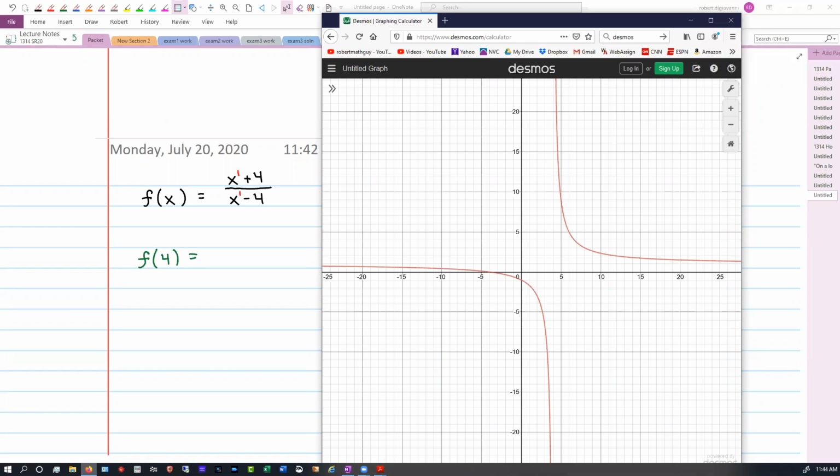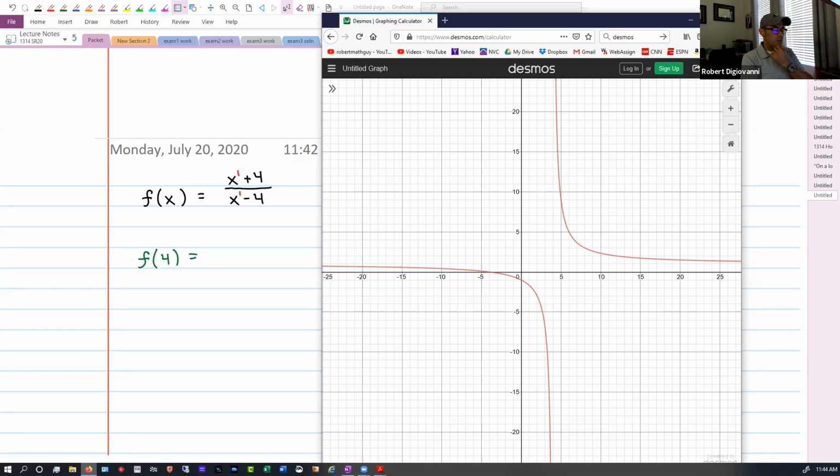Okay, what would you get on the bottom? 0. And you can't divide by 0, can you? Division by 0 is not allowed. You can have a 0 on top, you just can't have a 0 on the bottom. So would y'all agree that you cannot plug 4 into this function? You cannot let x be 4.